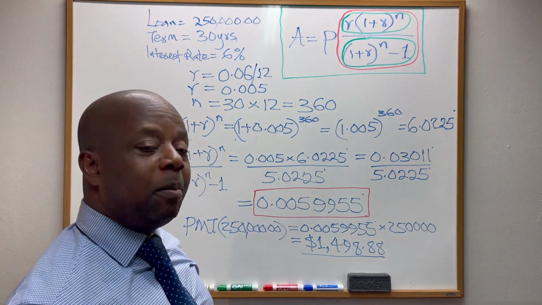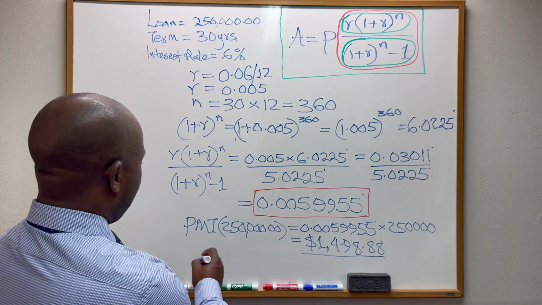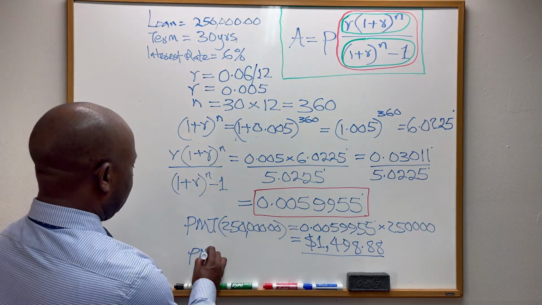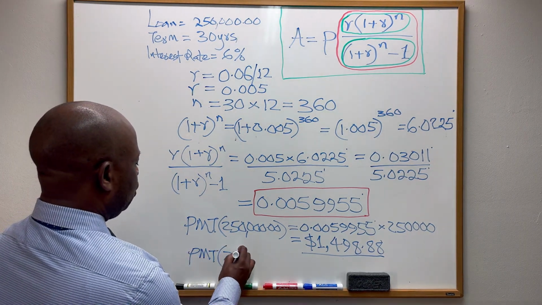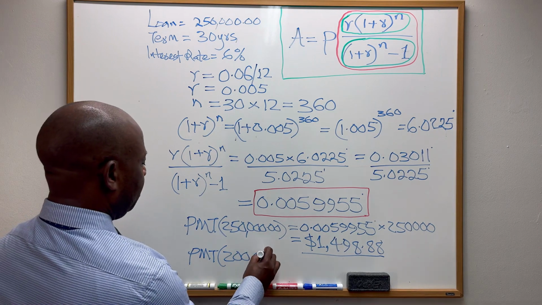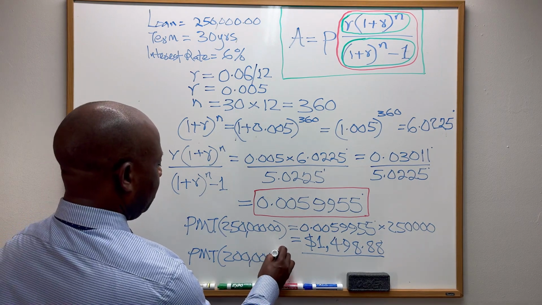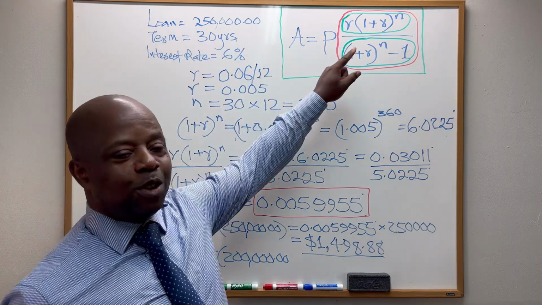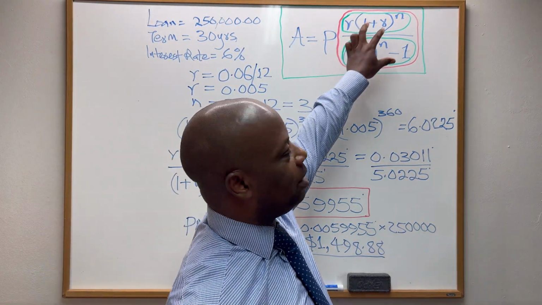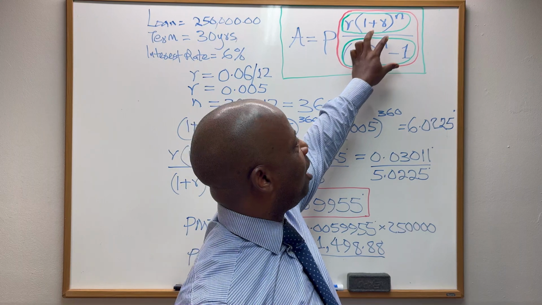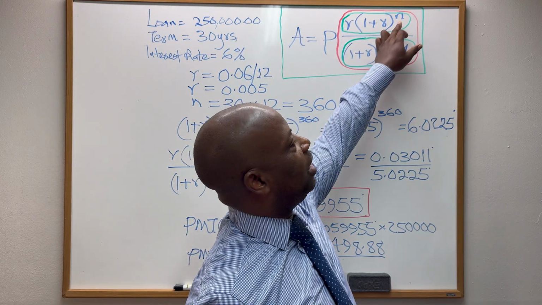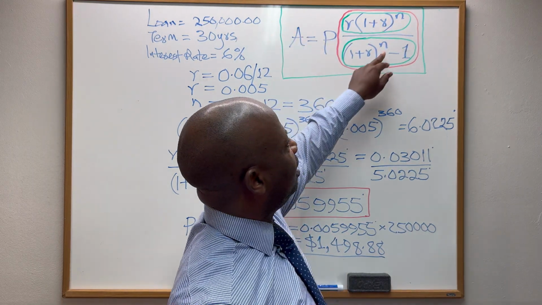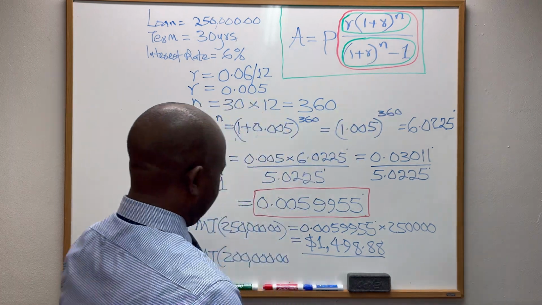Since we have our magic number, we can do the payment for $200,000 at the same term, because we are using the same magic number that we obtained, n and rate.